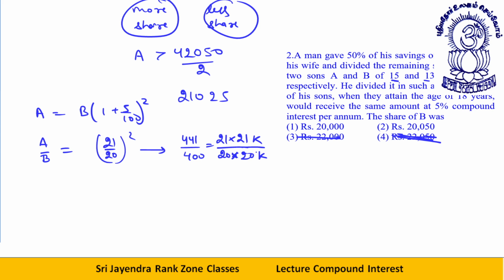Now it's very easy actually. Since you need the share of B, B's share is divisible by 400. This number is not divisible by 400. Therefore, only this is possible. No need to solve it. If you want, you can solve. I am not solving it right now. So the share of B will be a multiple of 400, and this will be your answer, my dear students.